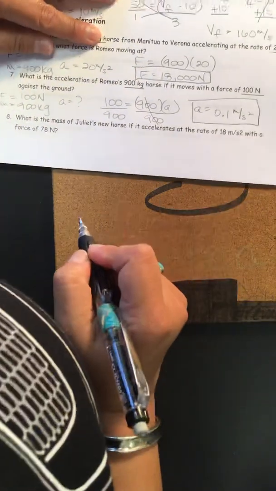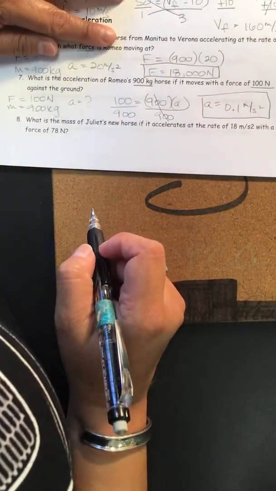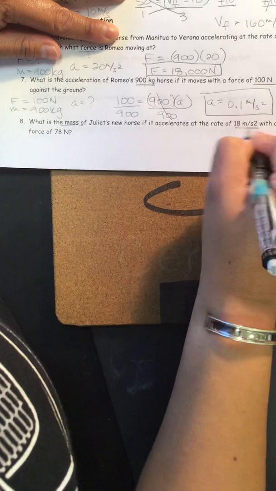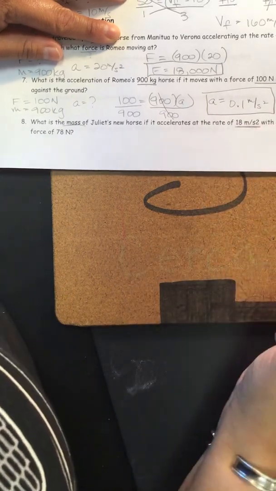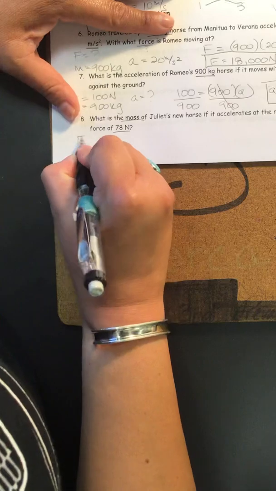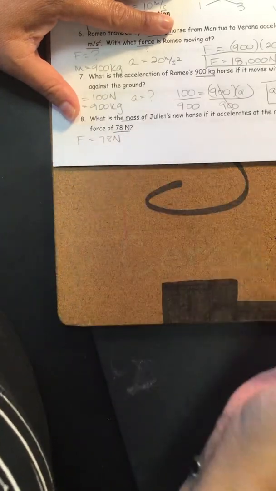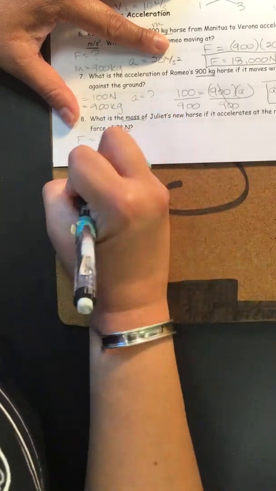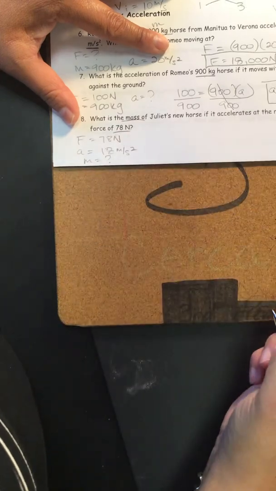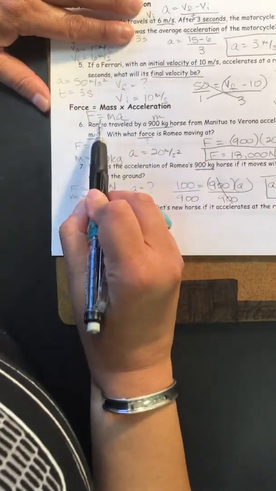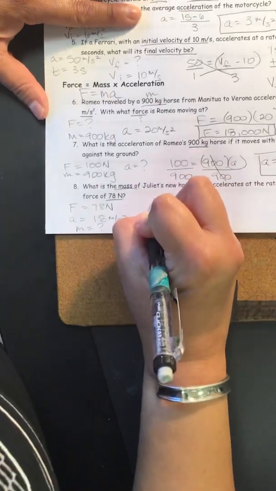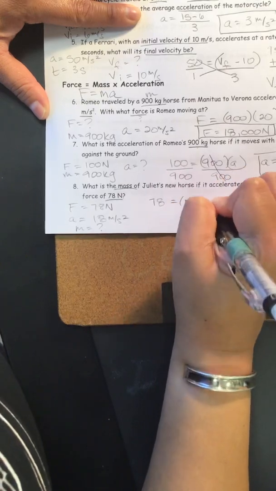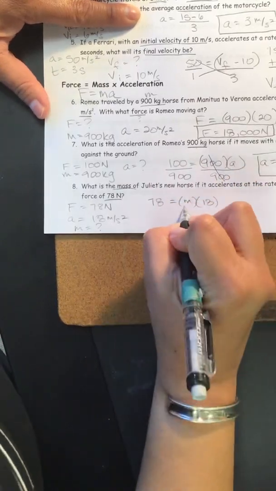And then what is the mass of Juliet's new horse if it accelerates at the rate of 18 meters per second squared with a force of 78 newtons? So force is equal to 78 newtons. Acceleration is equal to 18 meters per second squared. What is the mass? So force is equal to mass times acceleration. 78 is equal to mass times the acceleration.